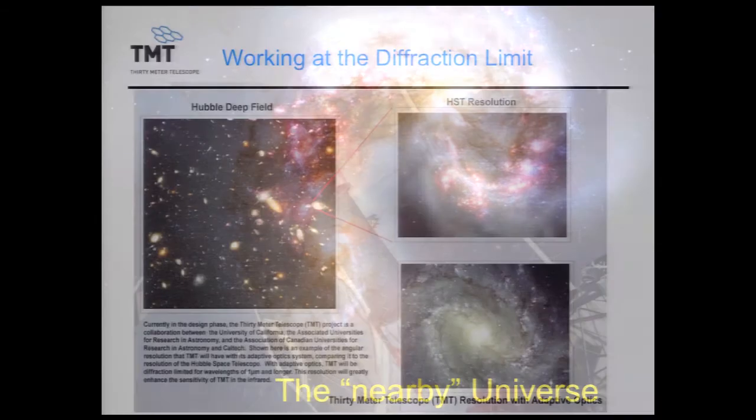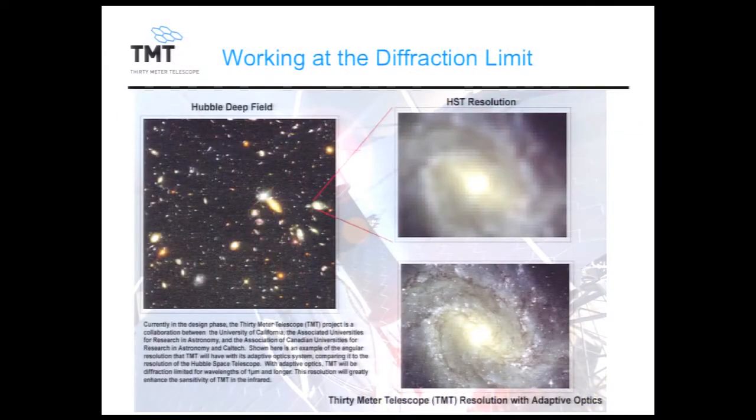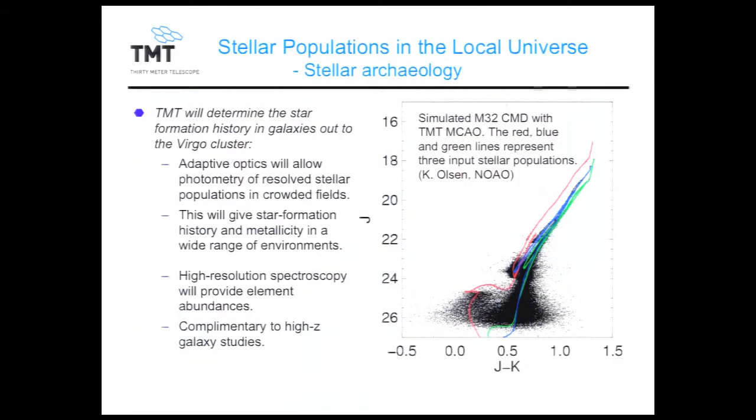In the nearby universe, the big advantage that these telescopes will have is to work at the diffraction limit, to be able to separate out stars in galaxies that are several dozens of megaparsecs away. And this will be a way to understand the evolution of the stellar history of the universe.